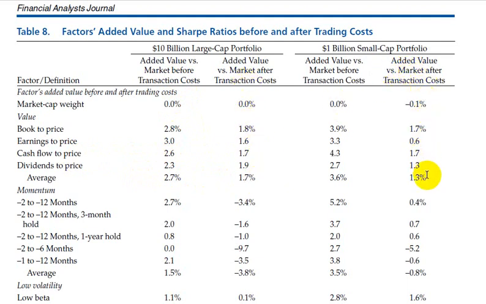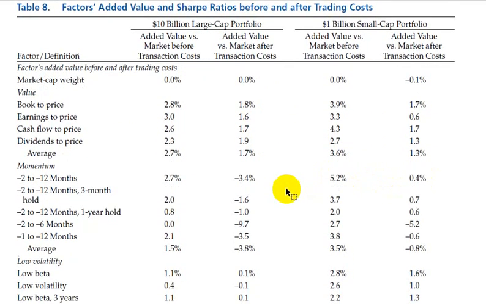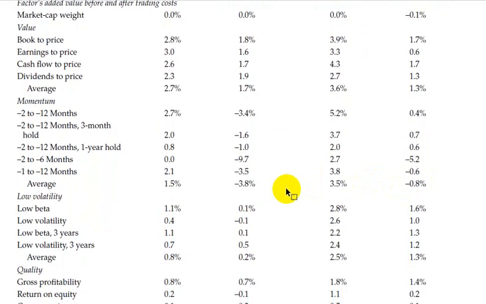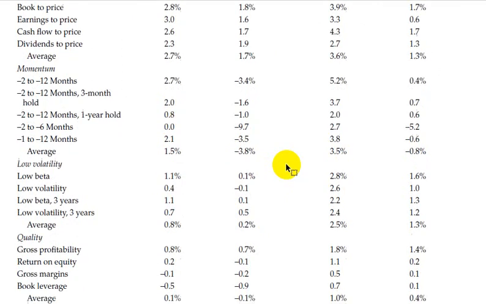The small cap portfolio obviously looks like it's a little more costly to employ that strategy. From a momentum perspective, we had positive returns before transaction costs, but after we consider transaction costs, we actually have a negative added value from that factor.